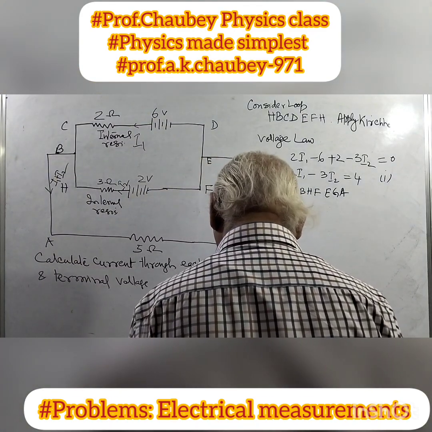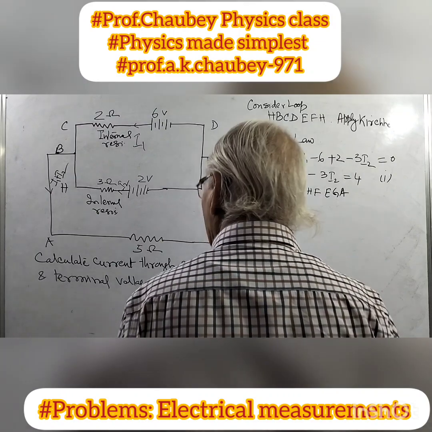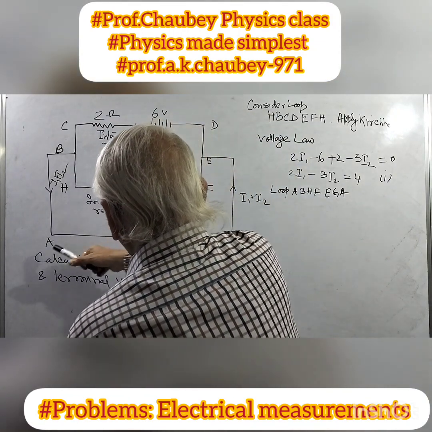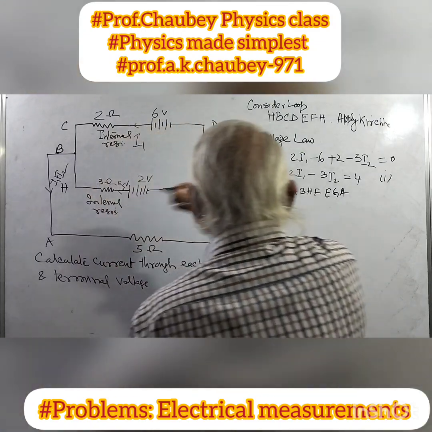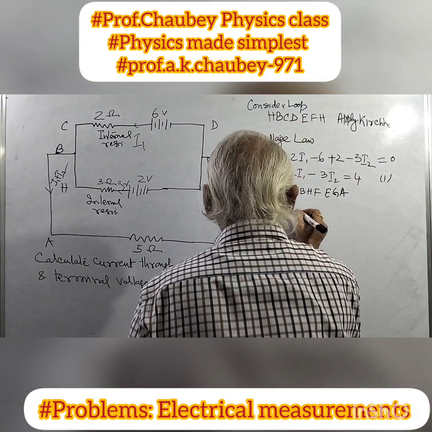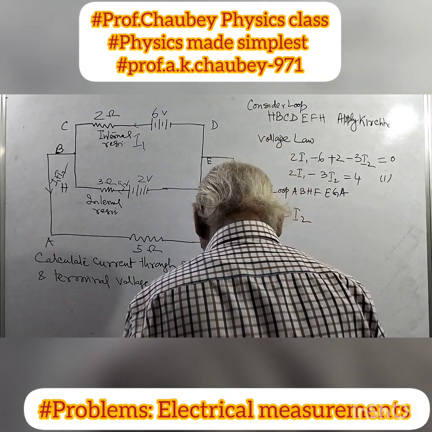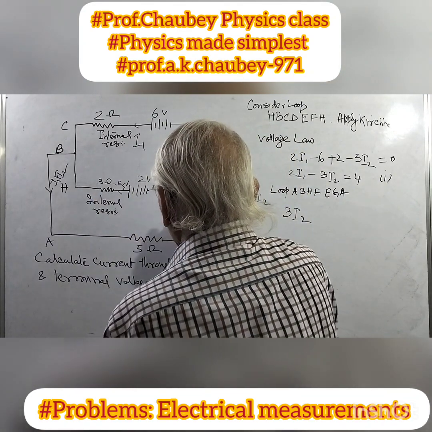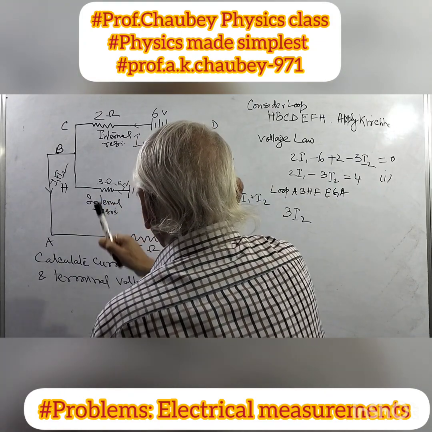You can write 3 times I2, because here the resistance is 3 and the current is I2. We start like this, current opposite, or we take positive 3I2 minus 2, because this voltage is opposite to the current, the current going like this to the positive point.